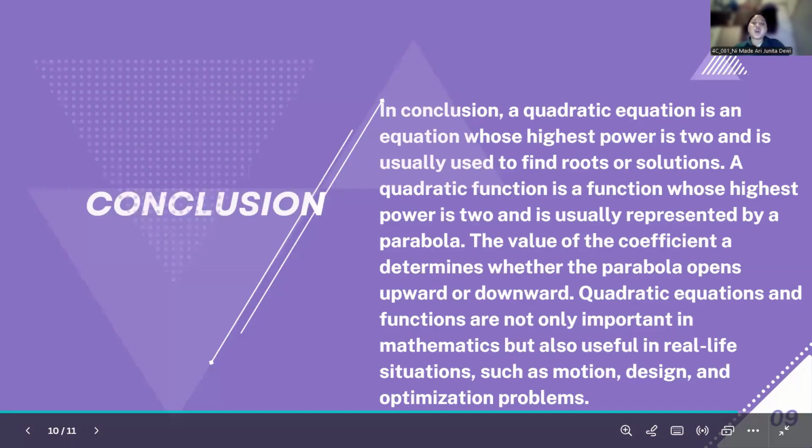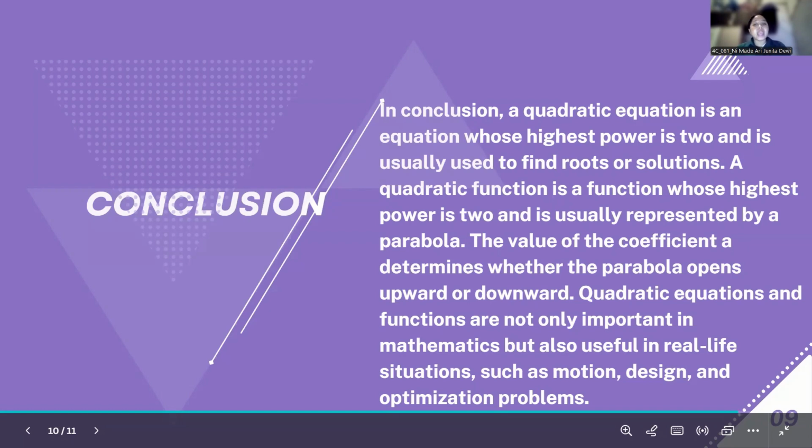To conclude, a quadratic equation is an equation whose highest power is 2 and is usually used to find roots or solutions. A quadratic function is a function whose highest power is also 2 and its graph is called a parabola.